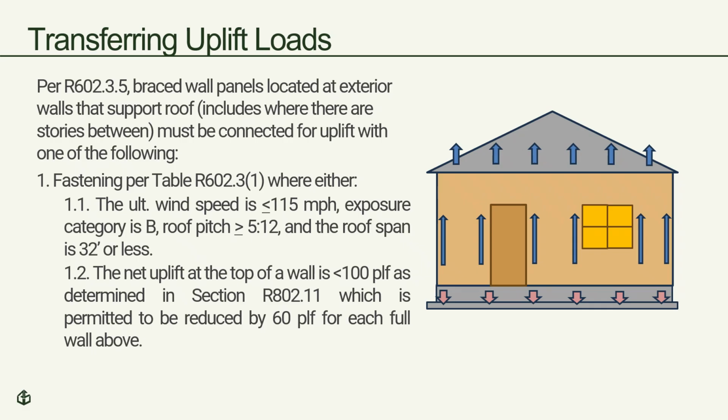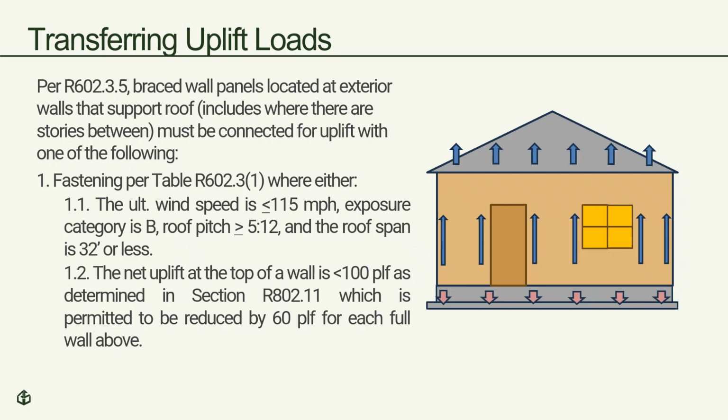Like all other loads, uplift loads must also be transferred to the ground. Also, per the wall bracing section R602.10.2.1, if uplift is not accounted for per R602.3.5, then the prescriptive wall bracing provisions cannot be applied.